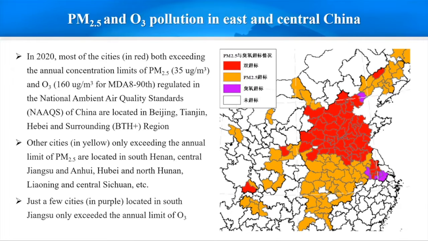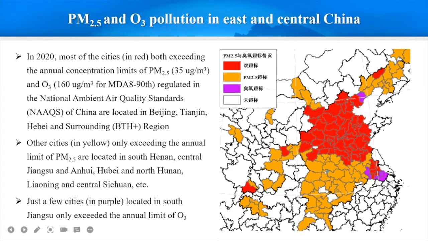Most of these cities are located in Beijing, Tianjin, and Hebei province, and the surrounding area, including Shandong province and the north of Henan province. So we call it BTH, Beijing, Tianjin, Hebei, and the surrounding BTH plus region.